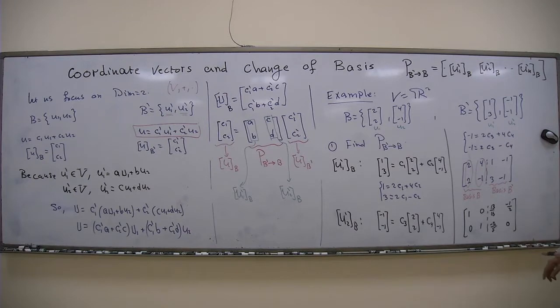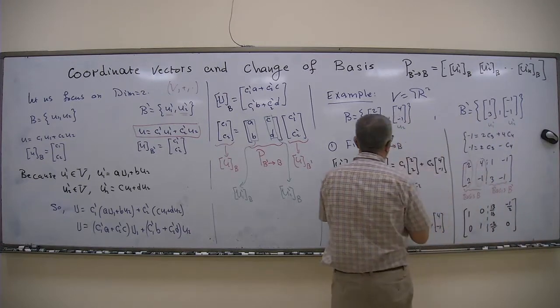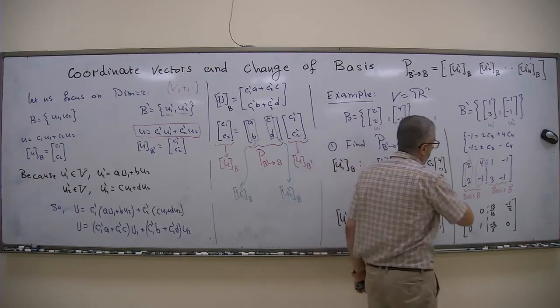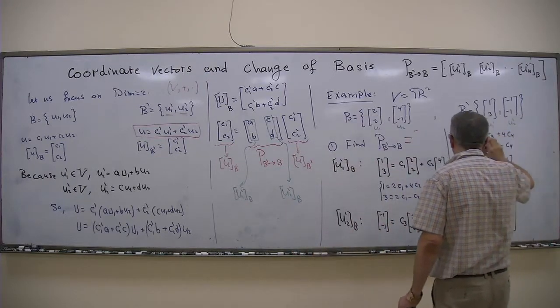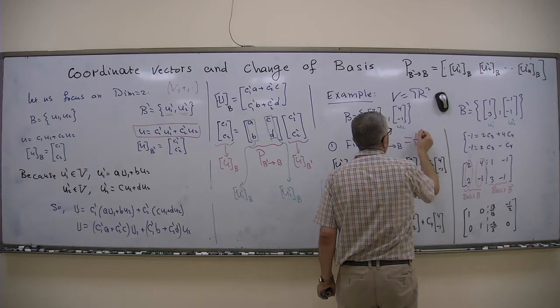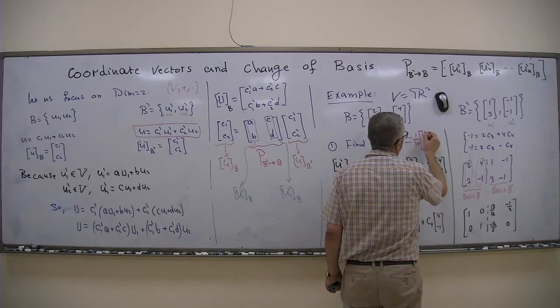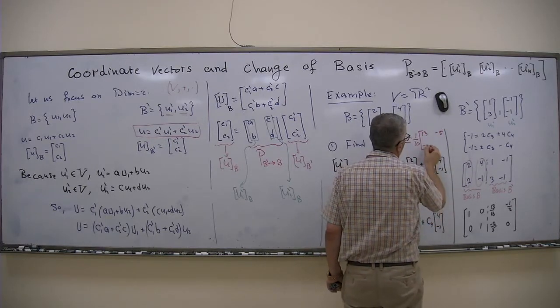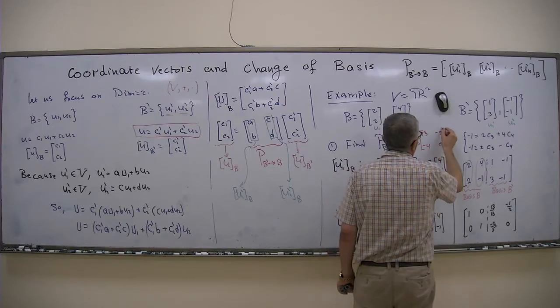Okay, so this here is the matrix that we are looking for. Okay, so what is the answer now? The answer is here. I can write it as 1 over 10, and here 13, here negative 5, and here negative 4, and here 0.